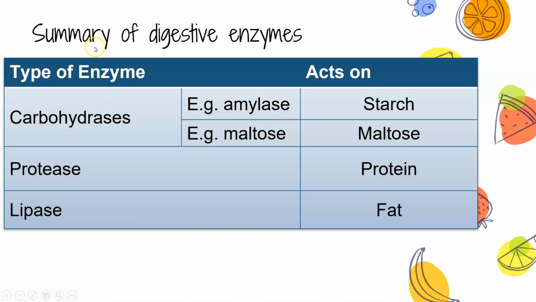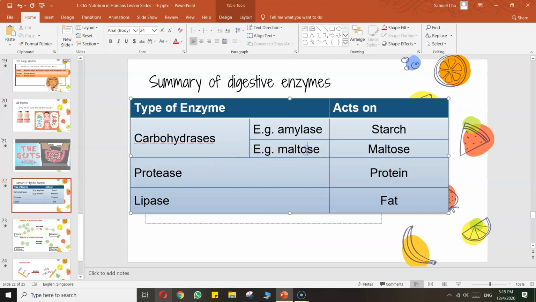Okay, let's look at this summary of digestive enzymes. We have amylase, which acts on starch to break it down into maltose, and then we have maltase, which acts on maltose. Oops, that is a typo over here.